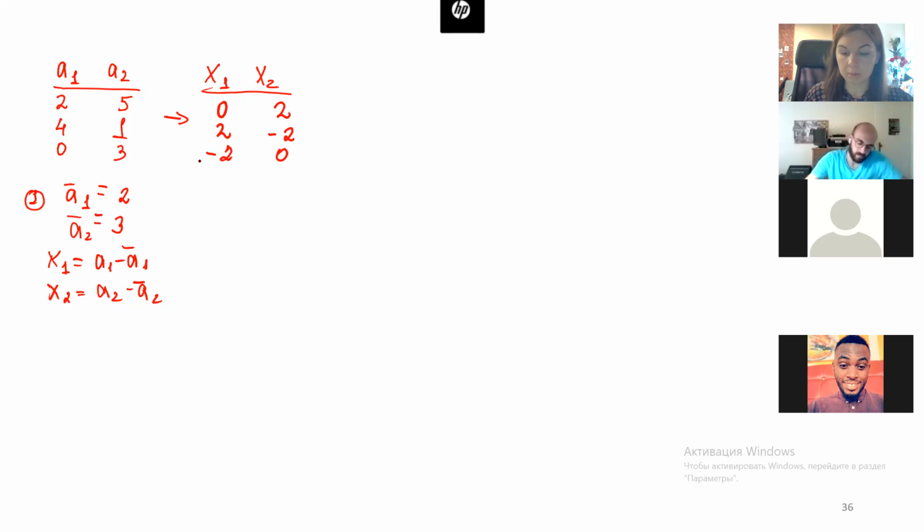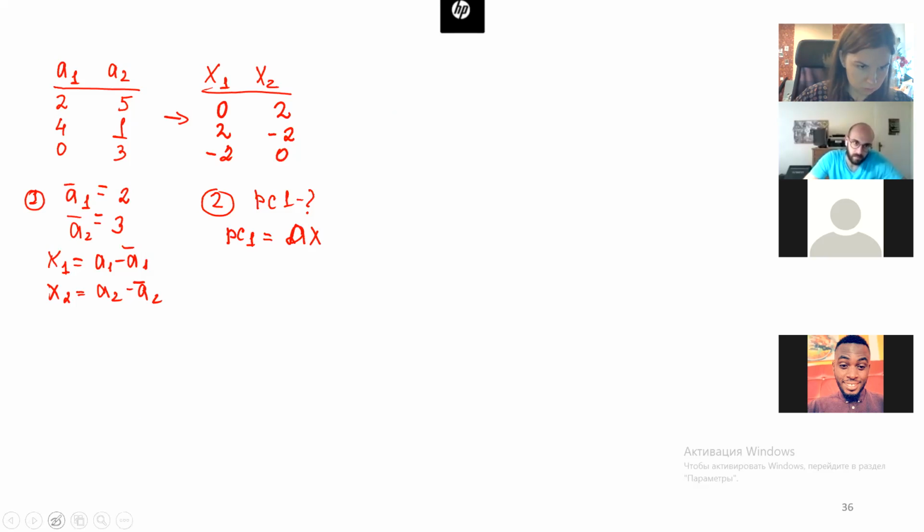The next step, we want to find PC1, the direction with the highest variance. Yes, we know that PC1 is equal to some linear combination of x1 and x2. Let's suppose it will be alpha x1 plus beta x2.